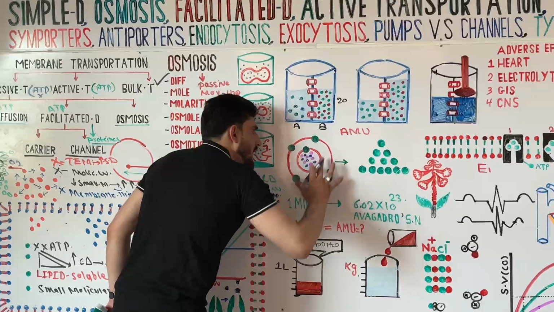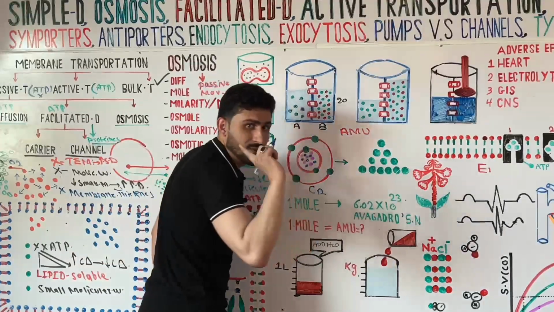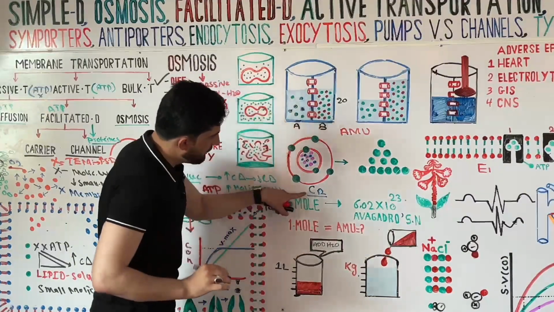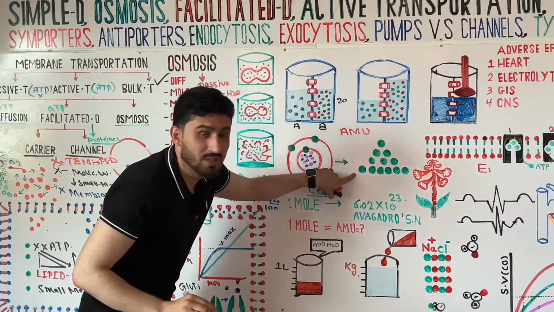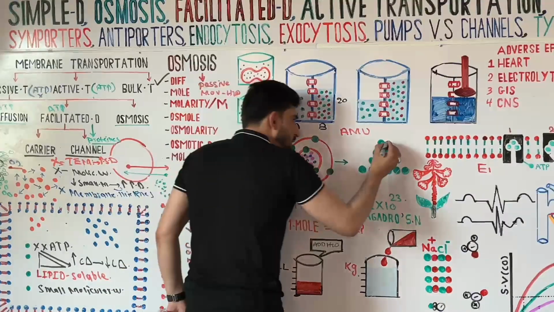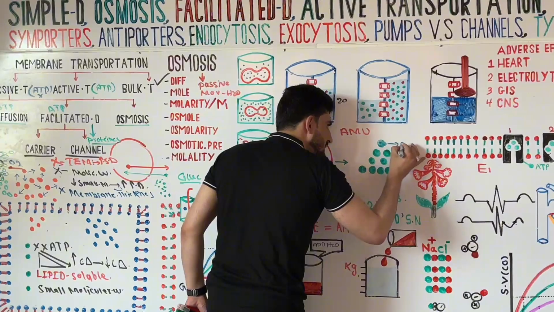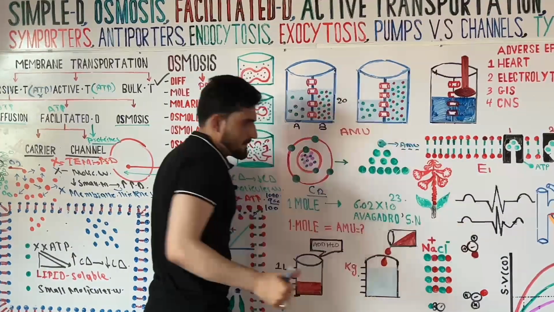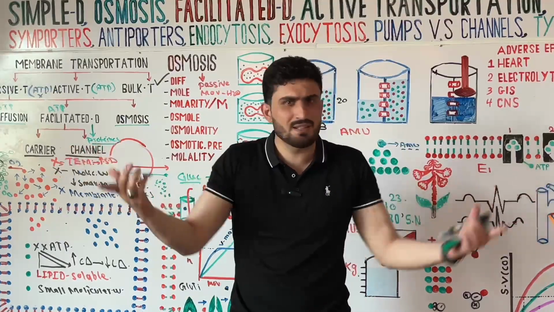If I divide this carbon 12 into 12 pieces, each piece is equal to 1 AMU, atomic mass unit. This is a standard unit. For example, I have 1 meter. This is a standard unit.